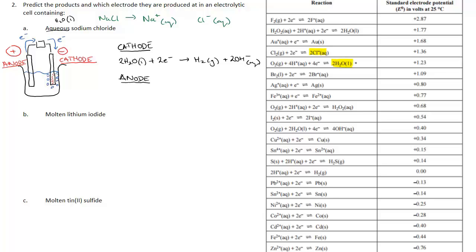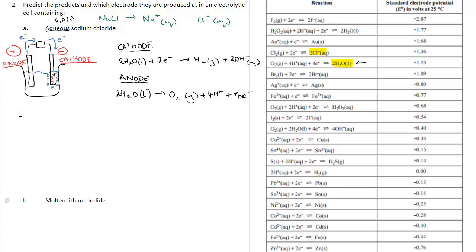So this water equation will be the first one that lets its electrons go. So 2 waters will turn into oxygen gas plus hydrogen ions plus 4 electrons. That will be the equation that takes place at the anode.